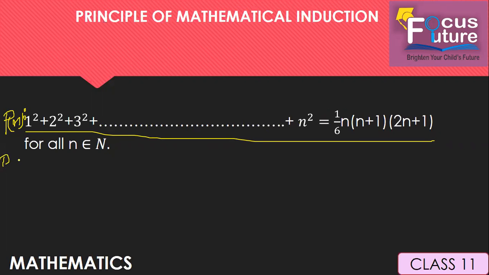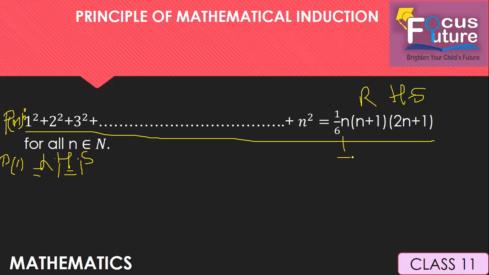So P1 would be: LHS is 1 square, that would be 1. In RHS, it would be 1 by 6 into 1 into 1 plus 1 into 2 plus 1.